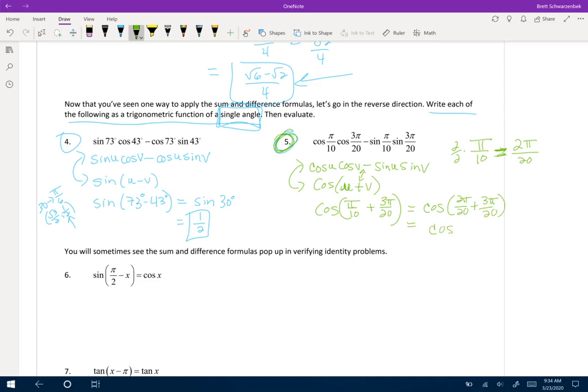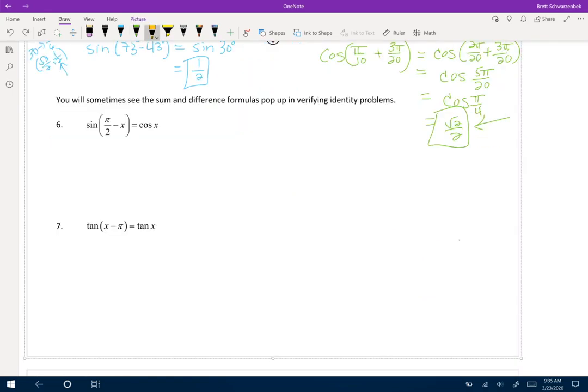But if you're smart about this, you can see that this is simplifiable to get us to cosine of pi over 4. And look at that. That is, of course, in the first quadrant equal to the x-coordinate of pi over 4, root 2 over 2, which is, of course, root 2 over 2.